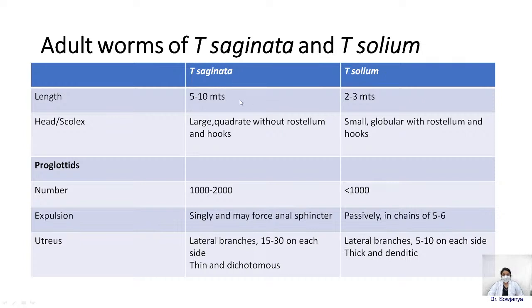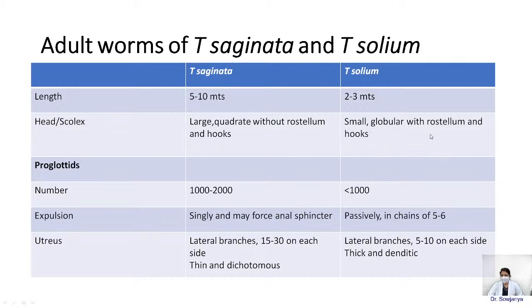Taenia saginata is usually very lengthy, around 5 to 10 meters, and Taenia solium is only 2 to 3 meters long. The head end, which is also called the scolex, is large and quadrate, but without rostellum and hooks in saginata. But in solium, the scolex is very small.